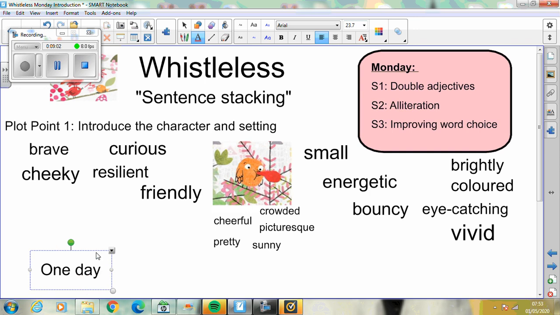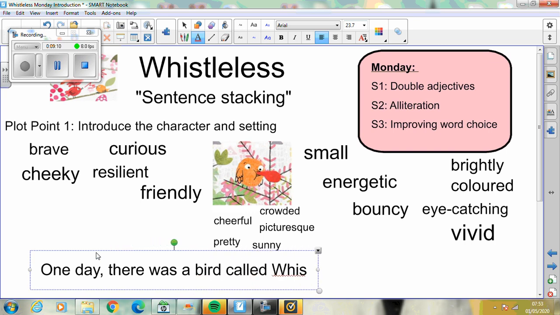Ordinarily, I'd start off by one day there was a bird called Whistleless, full stop. There we go. One sentence. It's one idea. I've got a sentence starter followed by a comma, capital letter for Whistleless and a full stop at the end. But it's not very descriptive, is it?